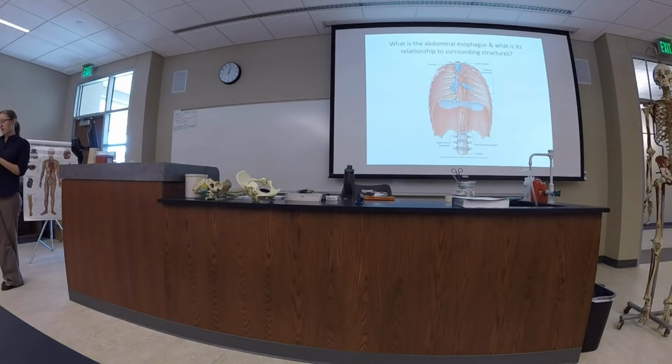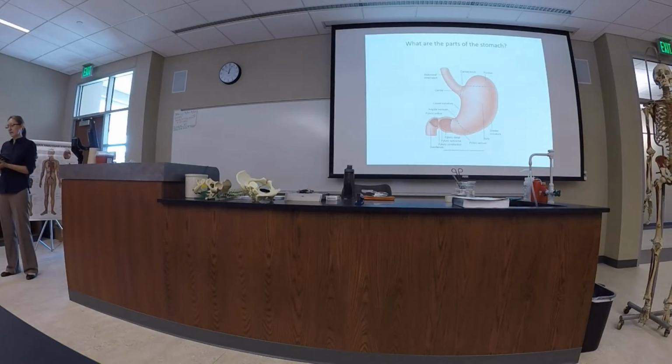And just as a reminder, the abdominal esophagus is very short. This is that little section between the hiatus and where it joins with the stomach here. So you can see just a tiny little curved area. And that's all we're going to say about the esophagus for now.